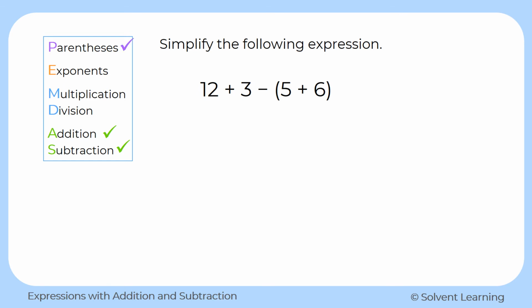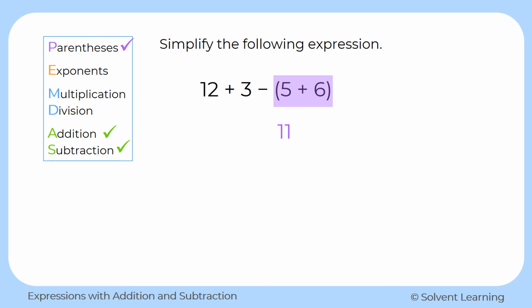But we have the parentheses that we mentioned before as well. Now if we start in the beginning of our order of operations, it tells us to first start with the parentheses. So let's focus on just what's inside that parentheses. That's what we're going to solve first. 5 plus 6, which gives us 11.